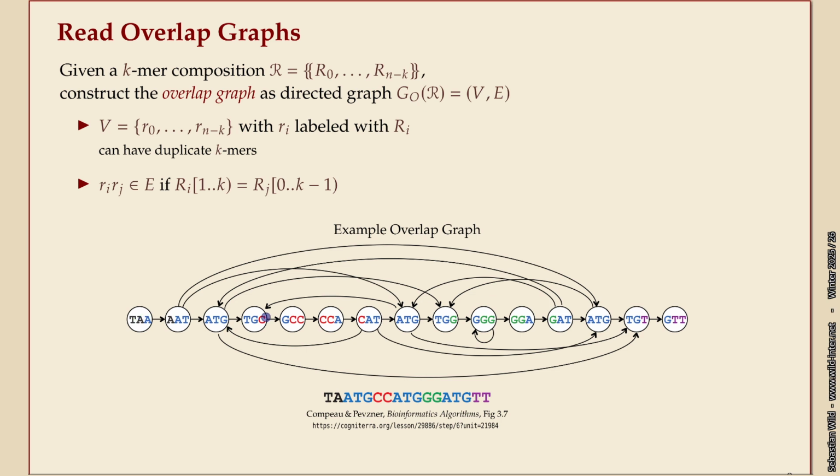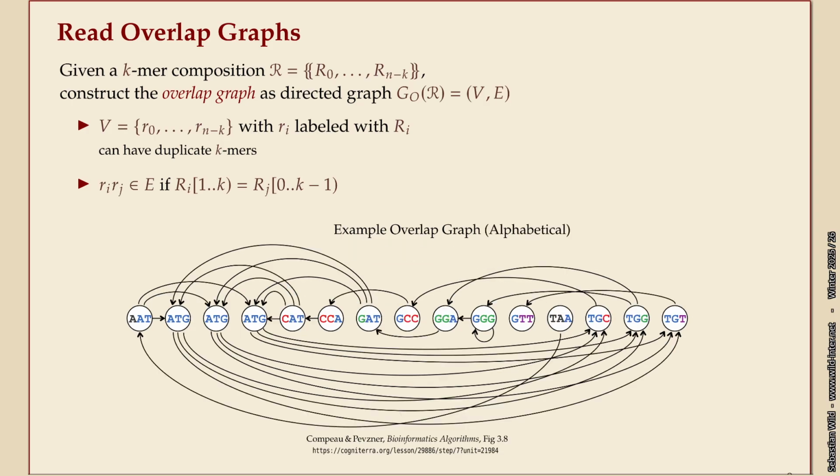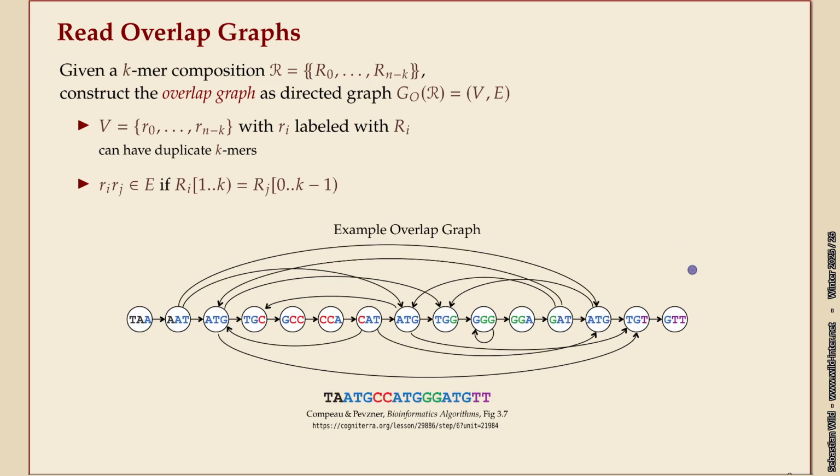Now, if I have the graph given like this, it's obvious how I can read off the original text, but that's not really what it looks like. You should rather think of the ordering of the vertices being uninformative, say alphabetic, and then it is a bit more messy. But as a graph theoretic notion, what are we looking for here?